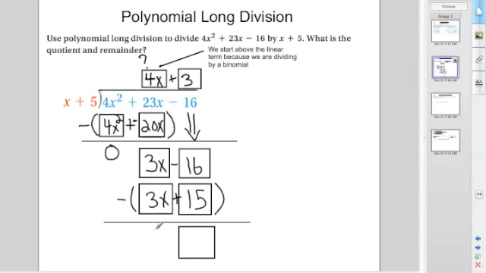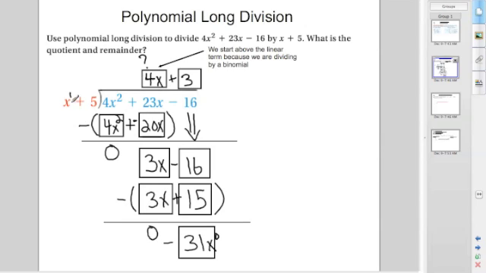So 3x minus 3x gives us 0. Negative 16 minus positive 15, minus times a positive will become a negative, so it's negative 16 plus negative 15, which will give us negative 31. And we're going to stop because this is x to the 0 power, and x to the 0 power is always 1, and we are one less than the degree of what we're dividing by.